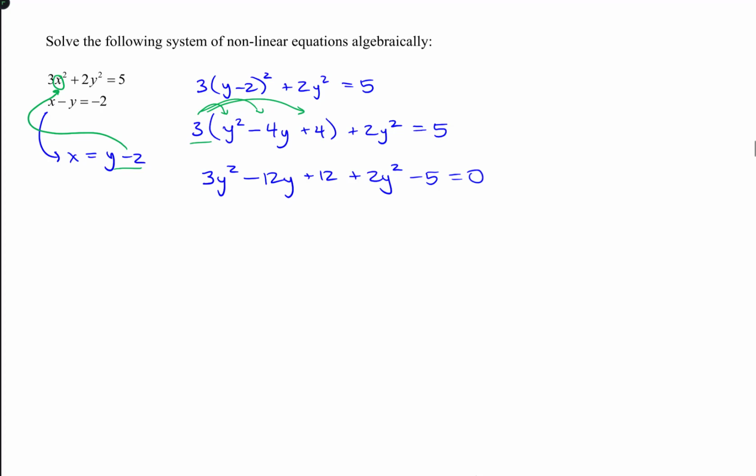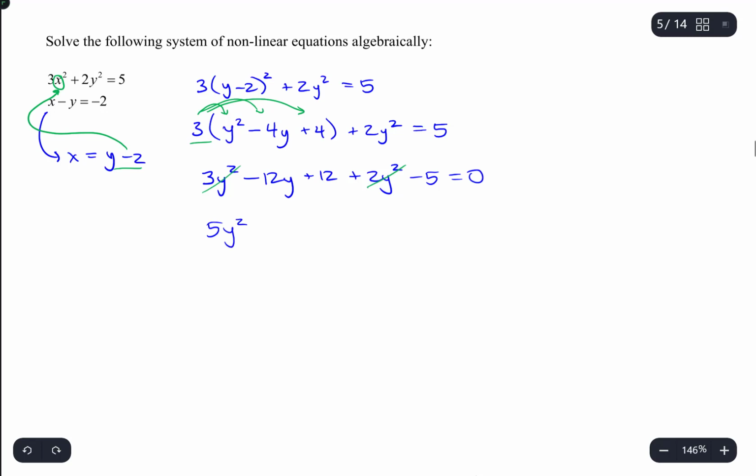Okay, so 3y squared and 2y squared can combine together and make 5y squared. Then negative 12y, it's the only one that I have with just a y, so minus 12y. And 12 minus 5 combine together to positive 7.